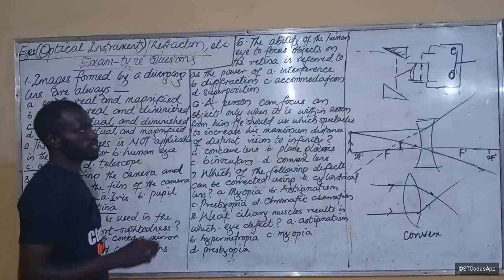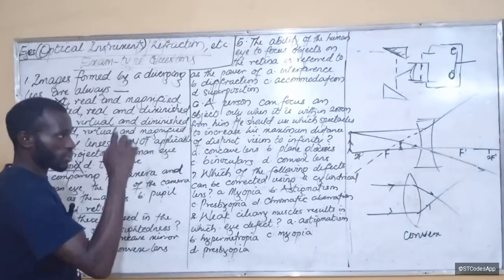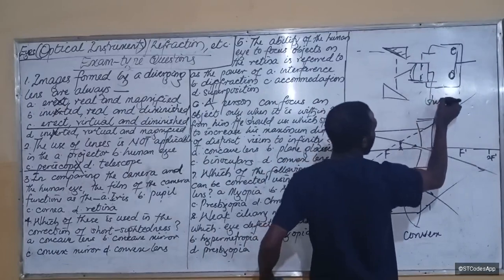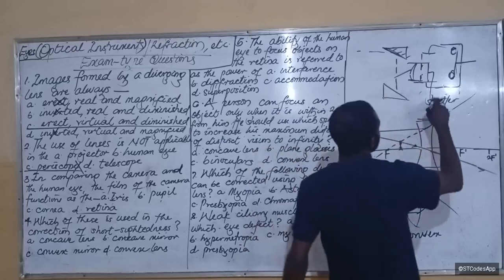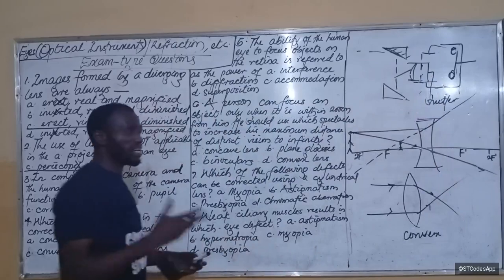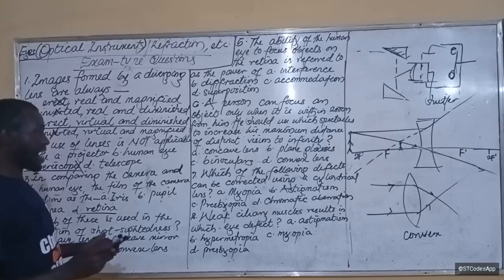It's the diaphragm that controls the amount of light that actually enters. The shutter controls the length of light exposure, while the diaphragm, or the stop, regulates the amount of light that the eye gets.